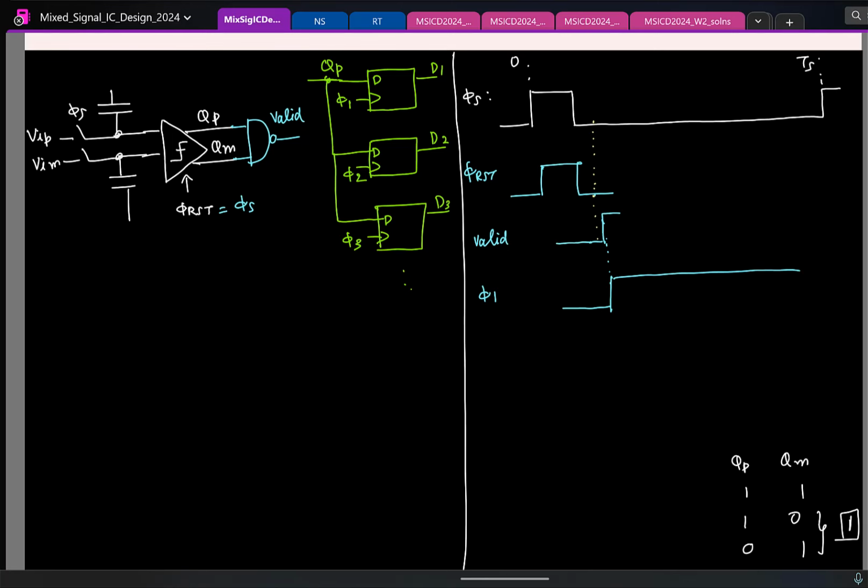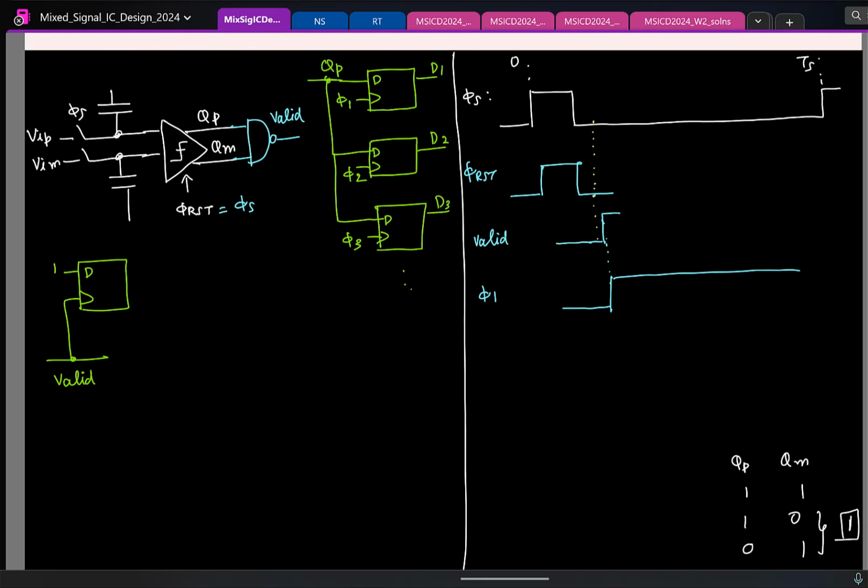So one way to generate this is, again, I'll just show it, it's pretty trivial. Take a flip-flop, connect its input to logic 1 and to the clock, feed the valid signal. Right? So first time valid goes high, D input is 1, it will go high. Right?